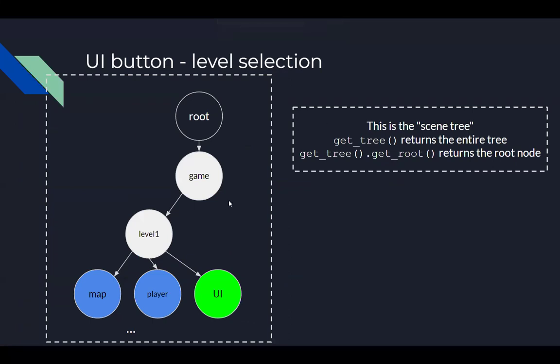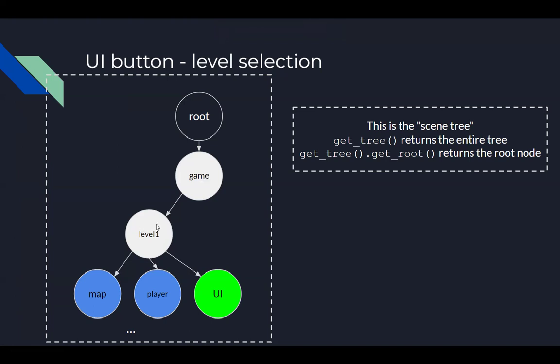Currently, our game structure doesn't look like this. We don't really have this level 1 node. We only have a game, and then under the game, there is a map, player, and UI, right? So our goal is to add a level 1 node here.